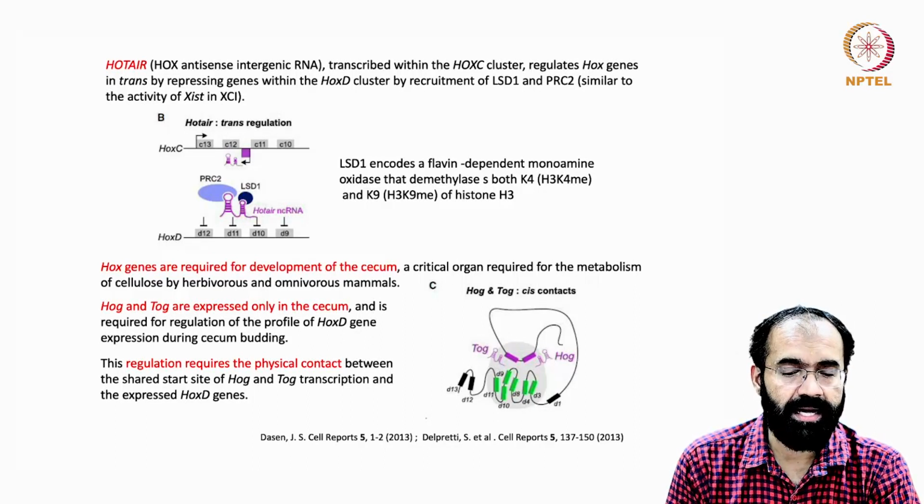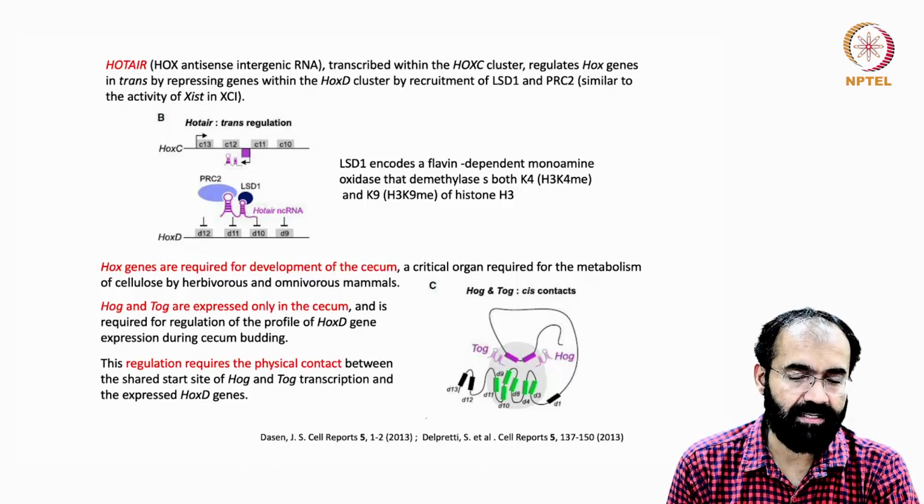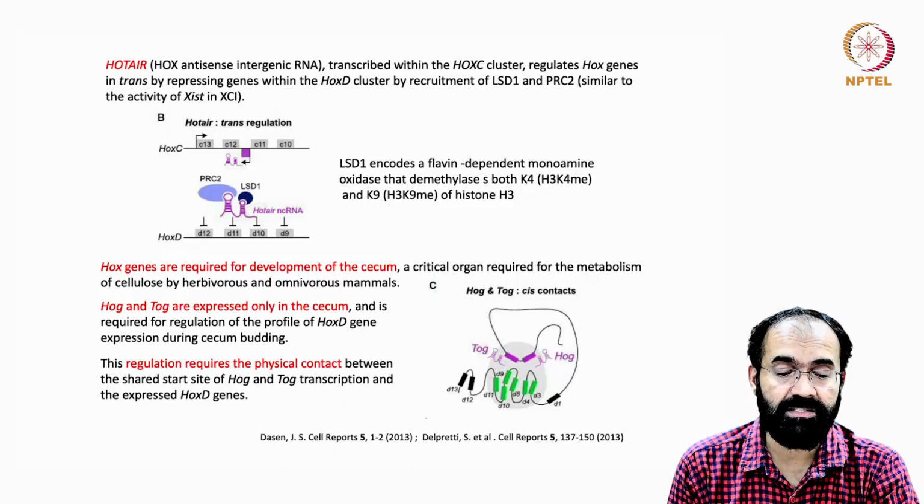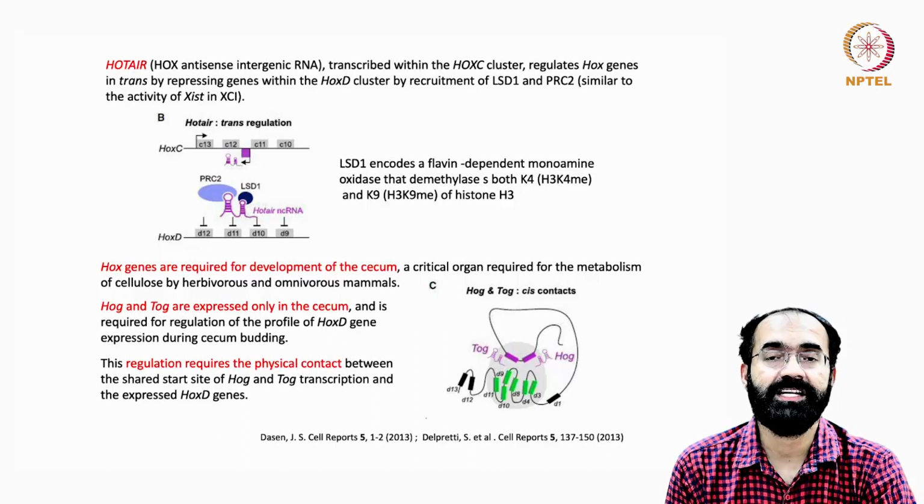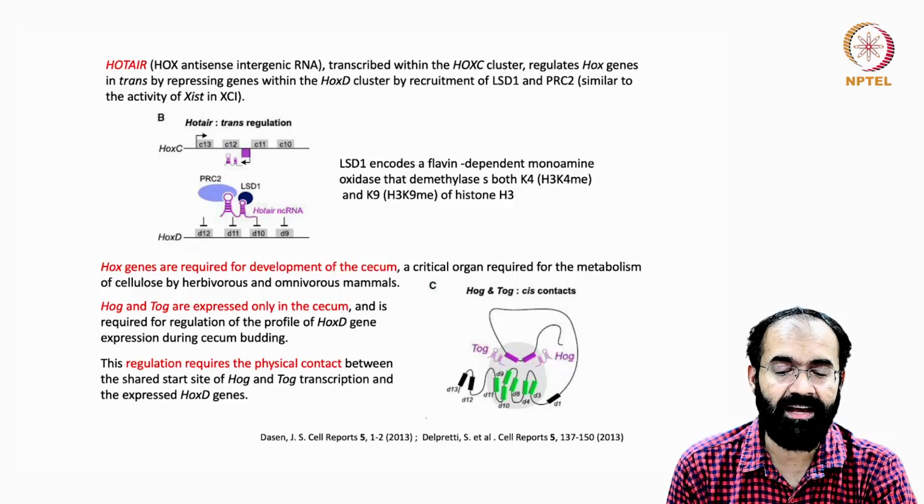This regulation requires physical contact between the shared start site of HOG and TOG transcription and the expressed HOXD genes. They have a somewhat common initiation of transcription, so they have a common area, like you can see here.